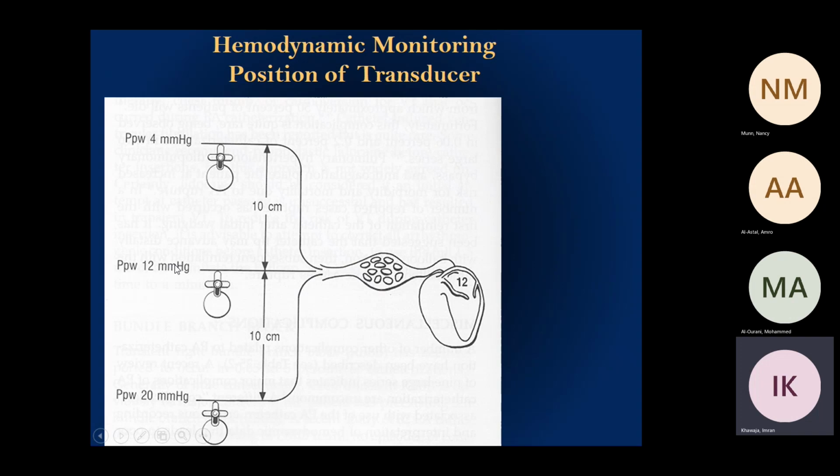So your wedge will be read as 4 instead of 12. If you're evaluating a patient for pulmonary hypertension, you can miscategorize them. If you put it at a lower level, like 10 centimeters, that will overestimate your reading. That can take you from 12 to 20, putting you in someone who you think might have type 2 pulmonary hypertension. So it's important that you are leveled so you don't have this issue of over or under reading your wedge pressure.